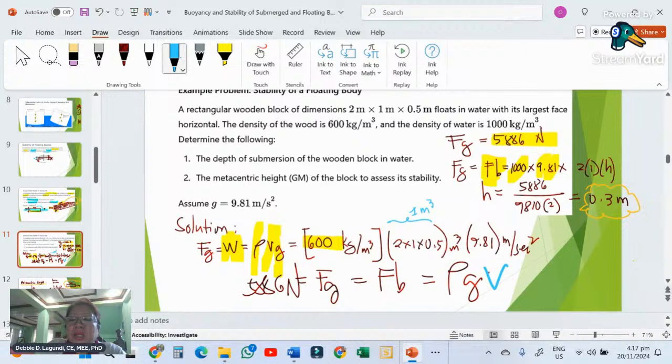So here is the rectangle. It's submerged here, and you don't know the height to which it is being submerged.